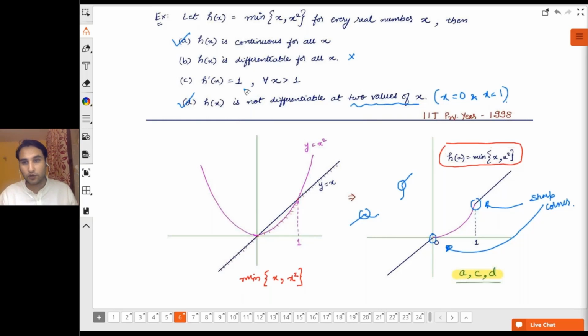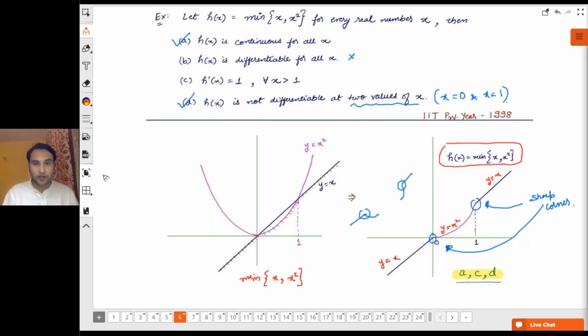Now, third question: h dash x equal to 1. Very simple. Again, let me explain. Your function here is y is equal to x, here it is y is equal to x square, and here it is y is equal to x.